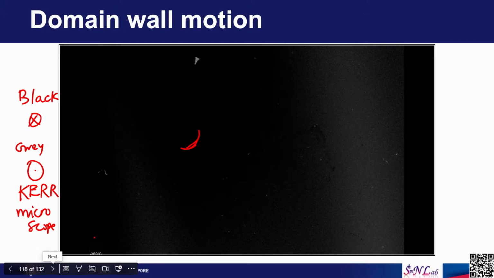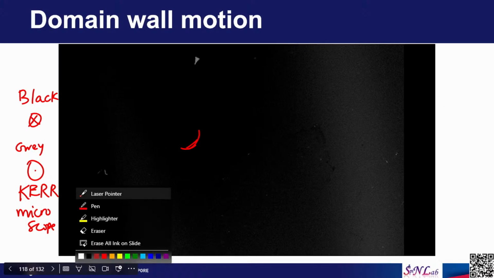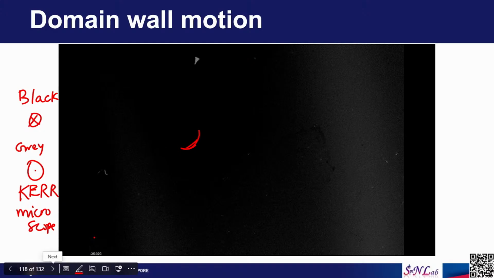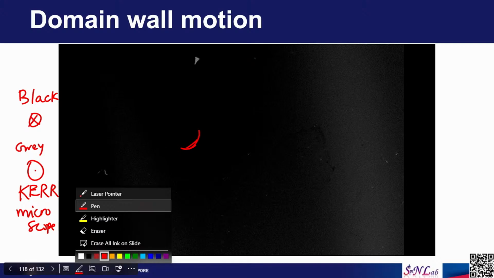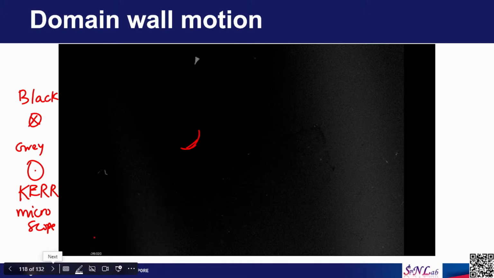So, normally when you make, let us say you are making thin films, let us say you are depositing thin films, right, without any special technique.